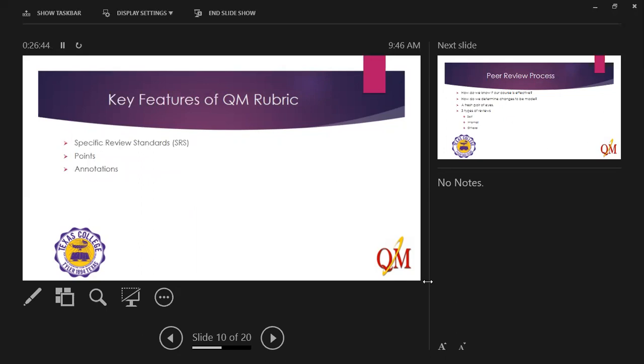Key features of the QM rubric. If you look here, I'll have it to you guys shortly. 1, 2, 3.